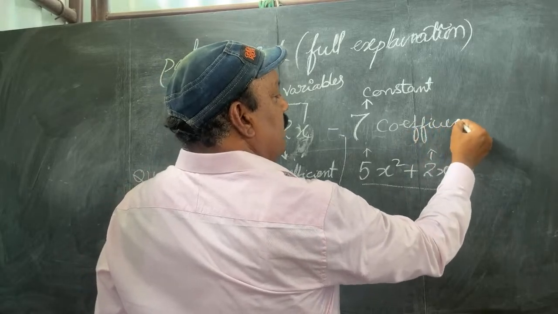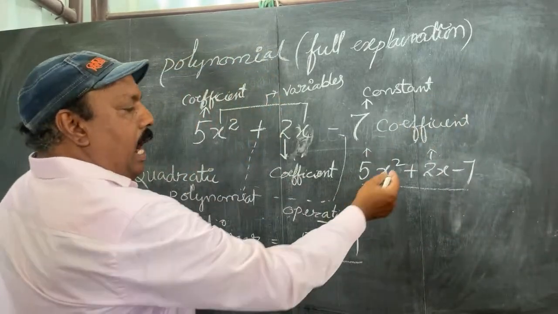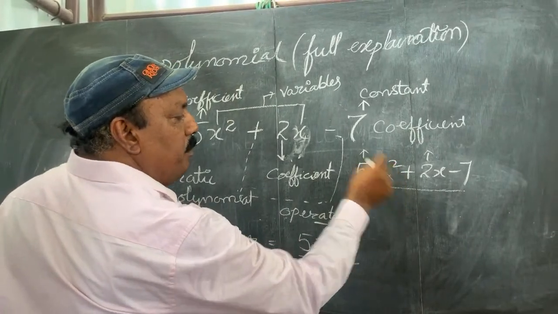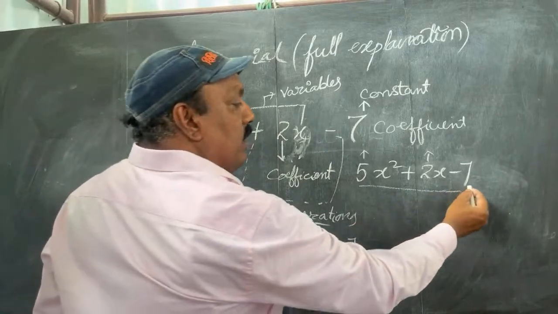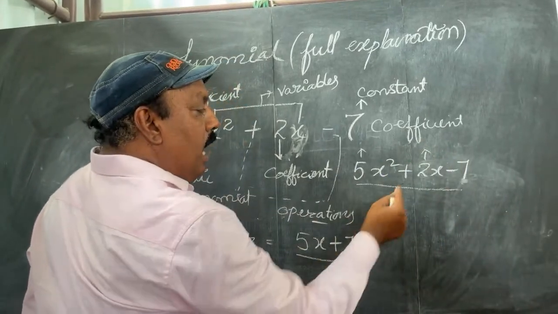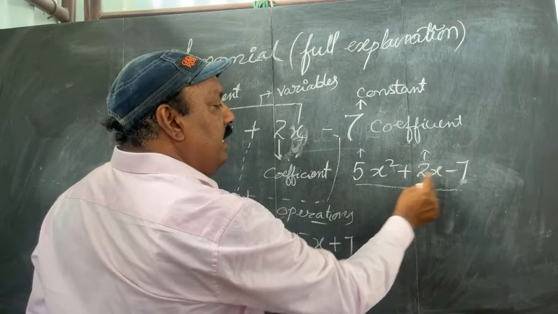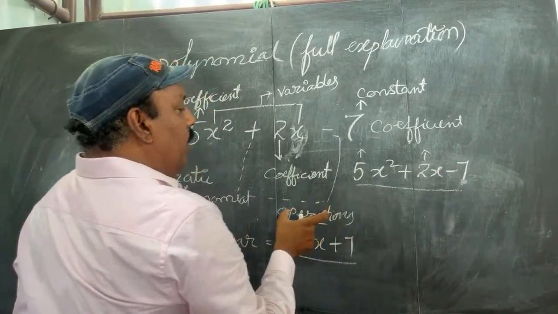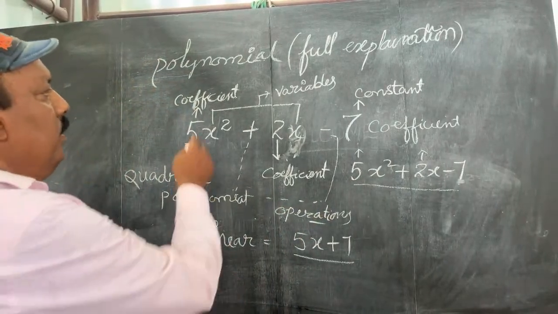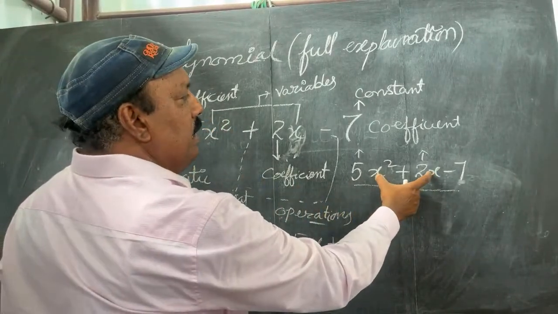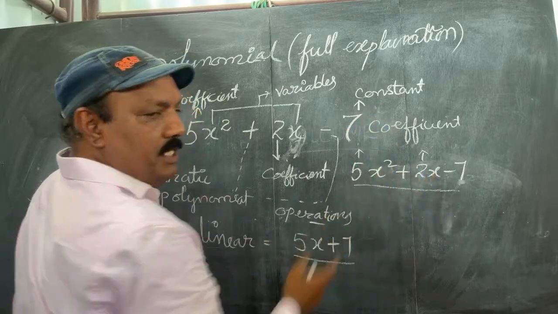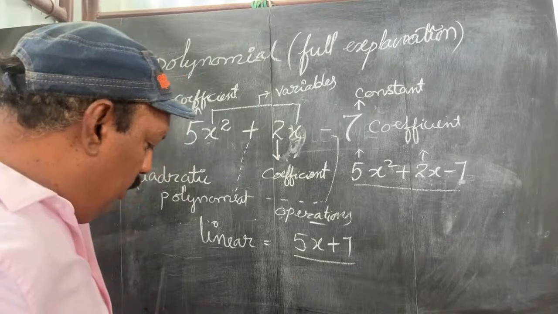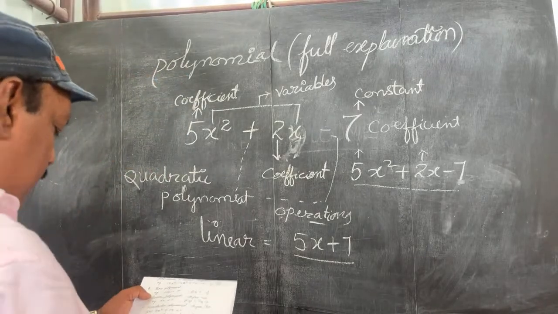The x has an exponent, and here is one constant, and the plus and minus we call operations. That means in total it has coefficients, variables, constants and operations. Together we call them polynomials. Now I will go through some examples regarding polynomials.